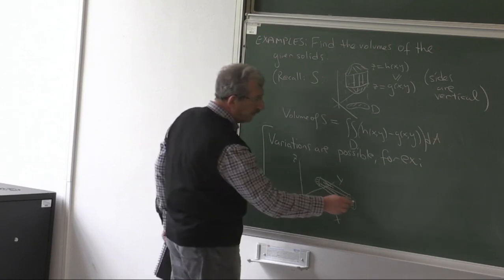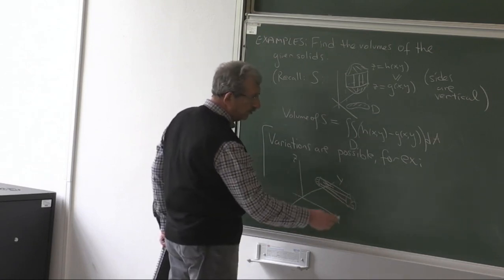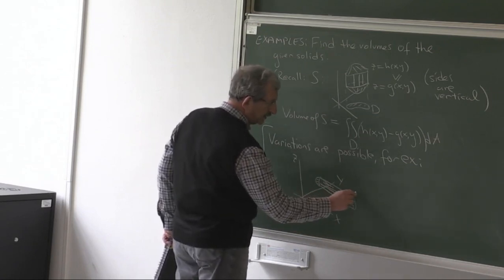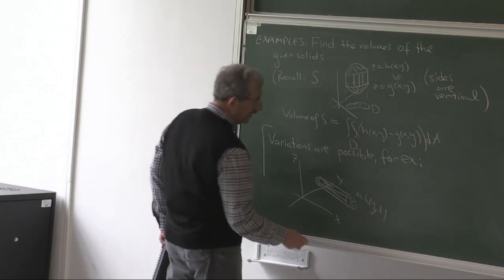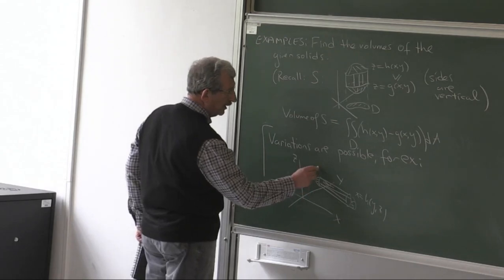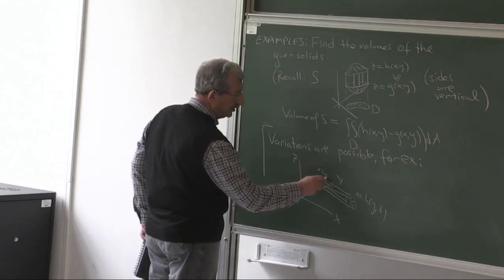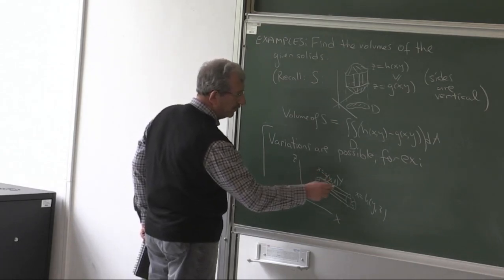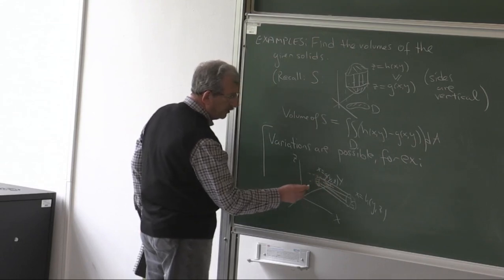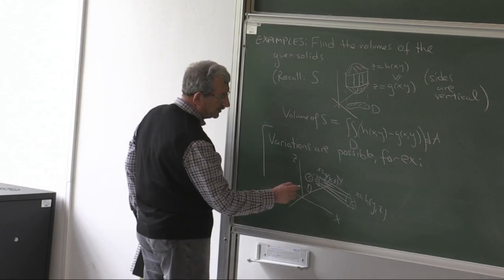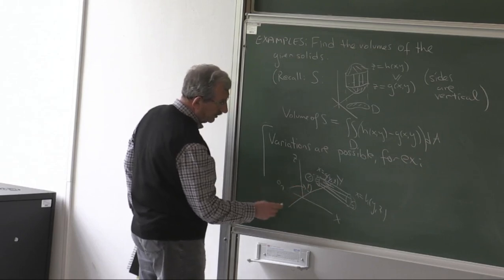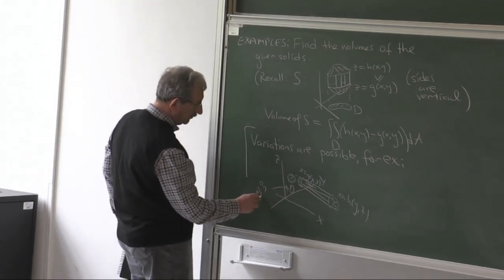The first surface would be x is h of yz, and this one would be x is g of yz. And if you move further, you get a certain D here, which is on the zy plane.